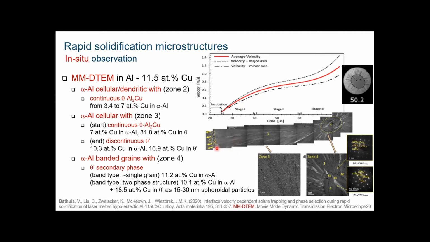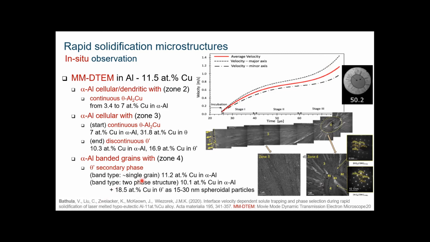Then when you go into this part of the microstructure, which they name zone 3, from here to here, they see an increase of the copper content in the alpha cells from 7 to 10.3. And then they get this banded microstructure in zone 4, which is the highest velocity here, at more than 1 meter per second.